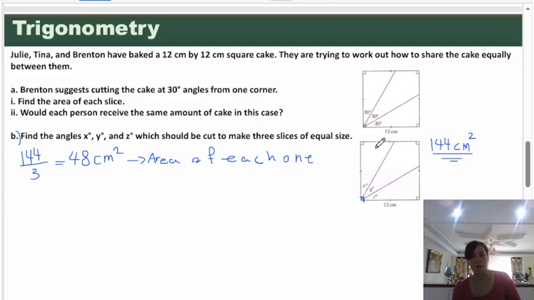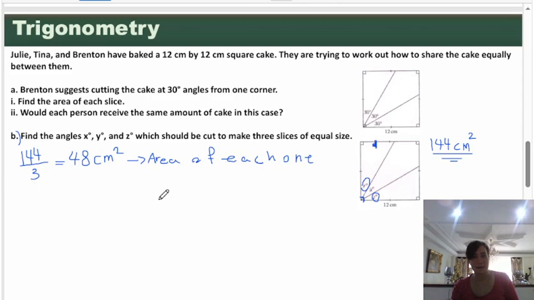Now I can find the angles here, X and Z. They are the same, so I will go for X. We know the area of X. First of all, I have to find these sides.